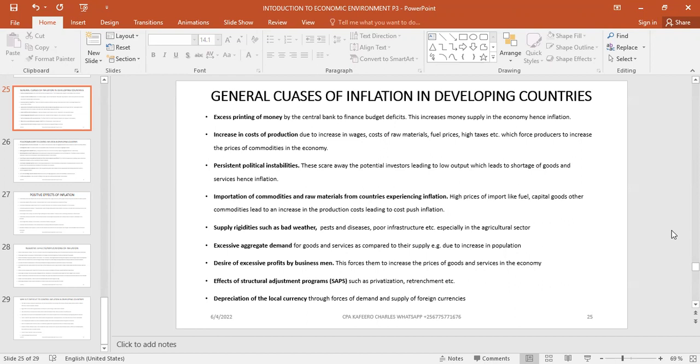Importation of commodities and raw materials from countries experiencing inflation, that is imported inflation. We have supply rigidities due to bad weather, pests and diseases, poor infrastructure, and others. Excessive aggregate demand for goods and services compared to their supply, that is demand-pull inflation. So I know those ones are very easy for you guys to pick.